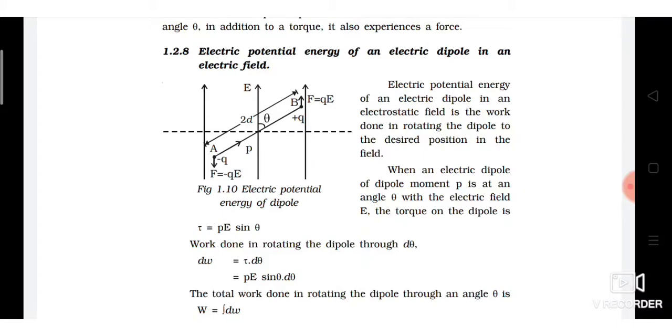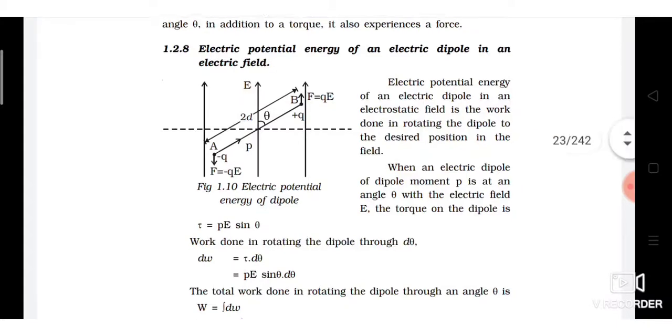The small work done dW is equal to torque into the angle d theta. Substitute the value of tau here. The value of dW is equal to pE sin theta into d theta. Now we are going to find the total work done in rotating the dipole through an angle theta.